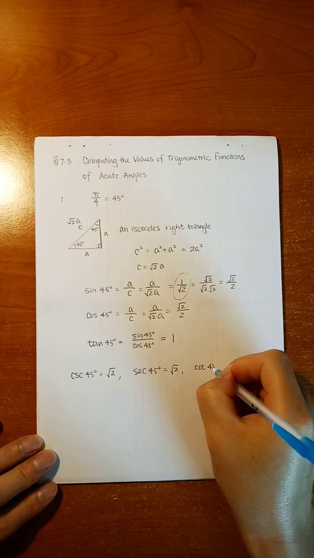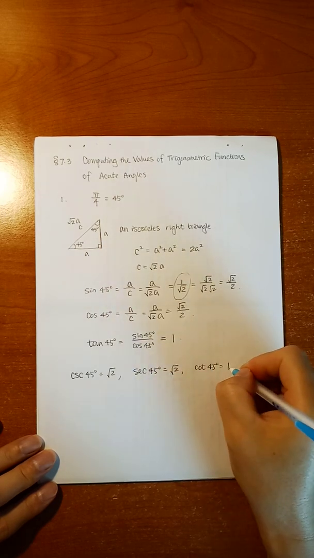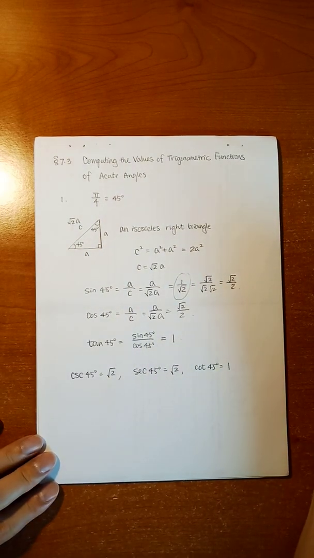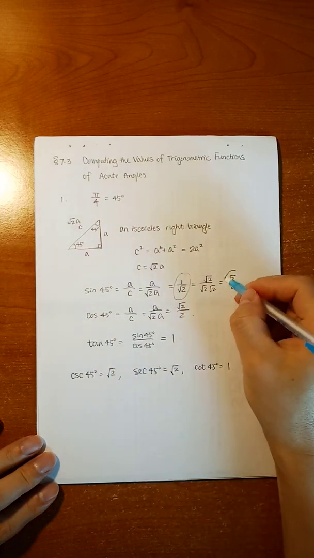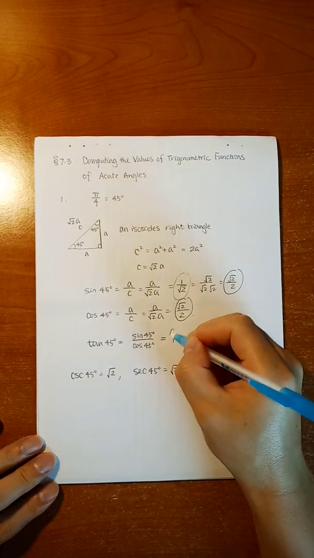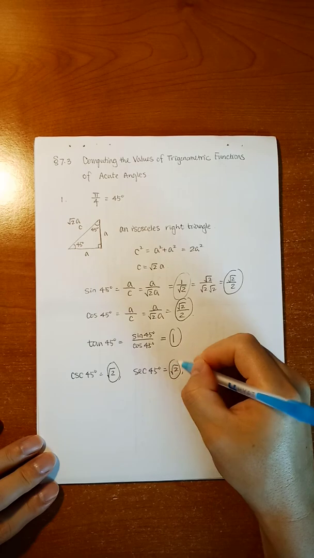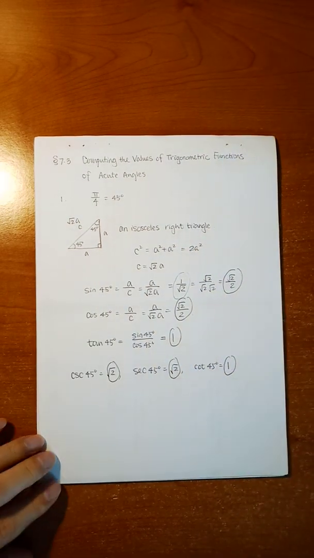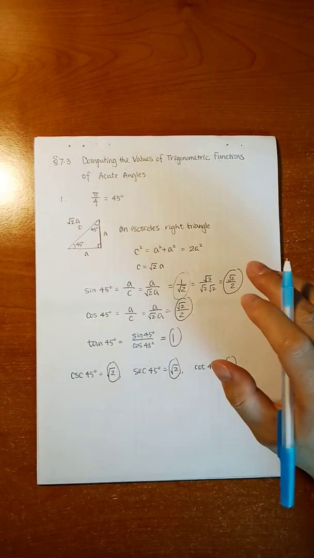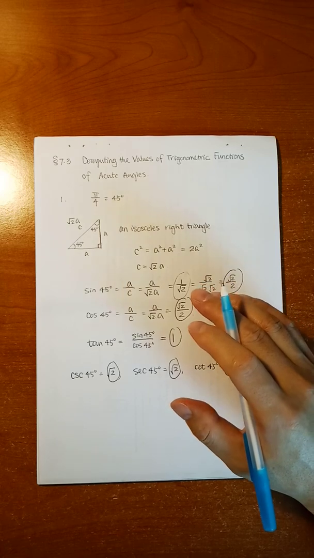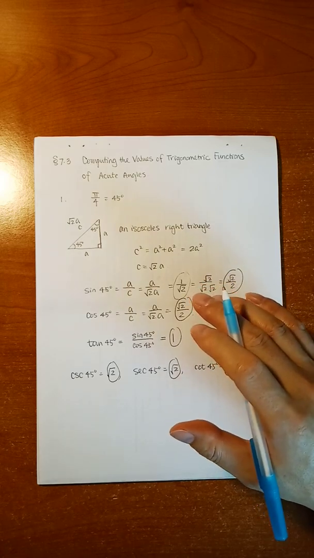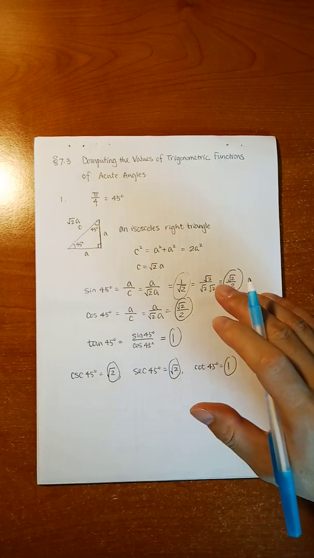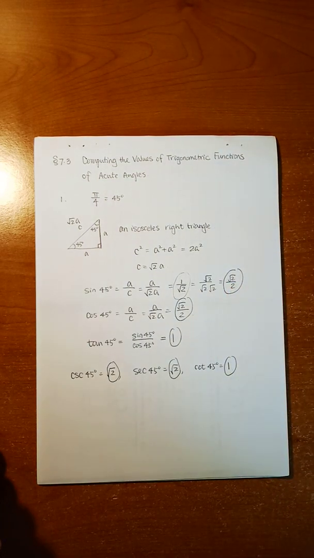Cotangent 45. Reciprocal of 1 is 1. So that's all 6 values: root 2 over 2, root 2 over 2, 1, root 2, root 2, and 1. And to get all these 6 values, we use the isosceles right triangle. That's from the geometry directly.